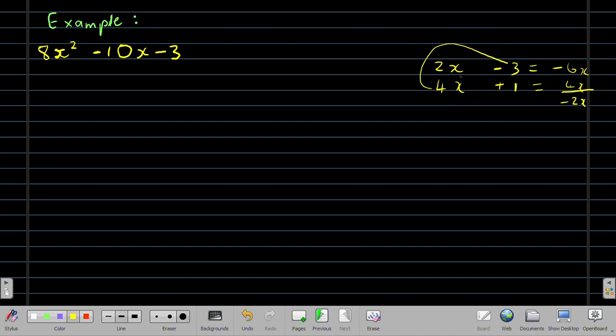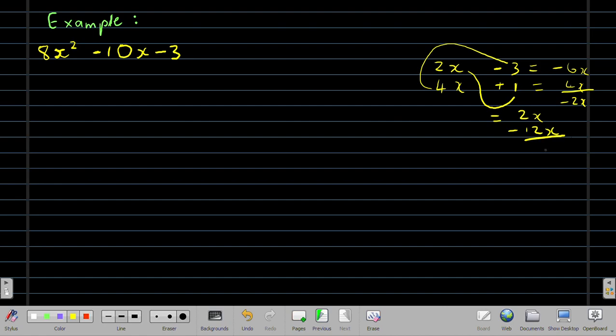So 4 times negative 3 and 2 times positive 1. What we're going to have here is 2x times 1 gives us a 2x, and then 4x times negative 3 gives us negative 12x.